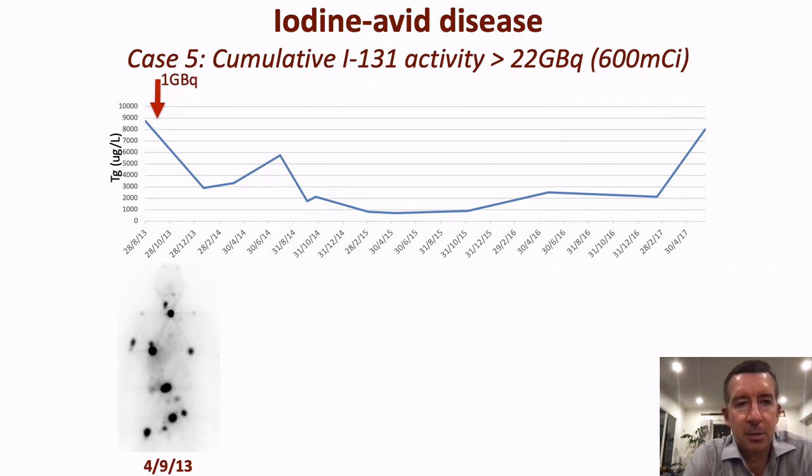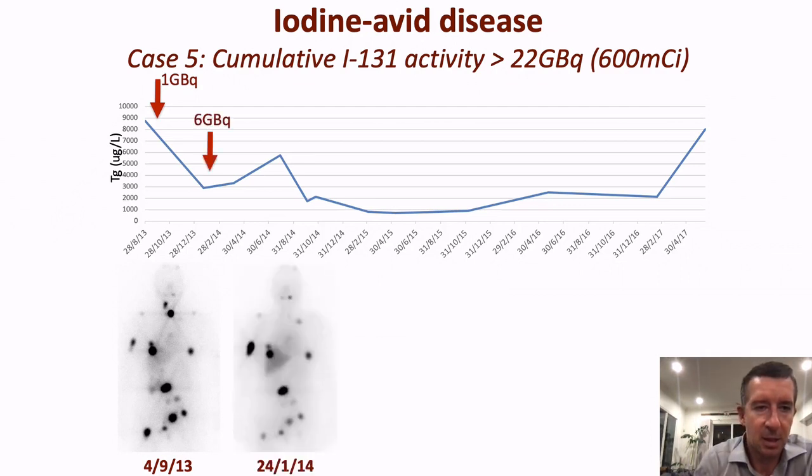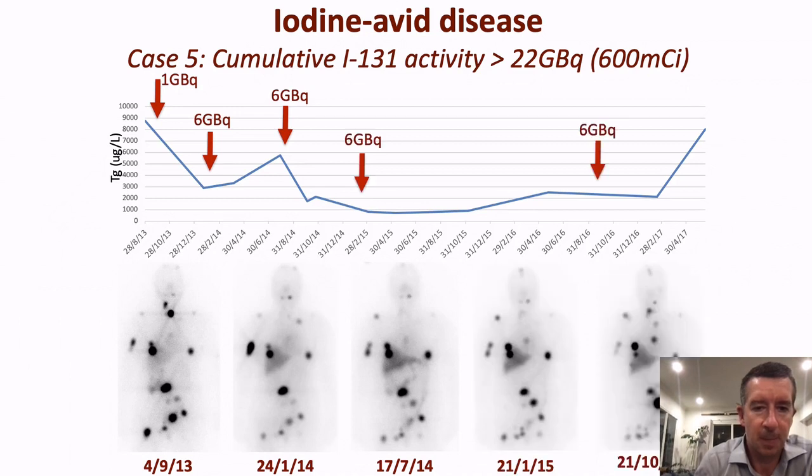The final case is the most controversial, and this is just showing a cumulative activity being greater than 22 gigabecquerels. This patient, widely metastatic disease with numerous treatments over 4 years. And generally you can see a reduction in thyroglobulin after each of those treatments.